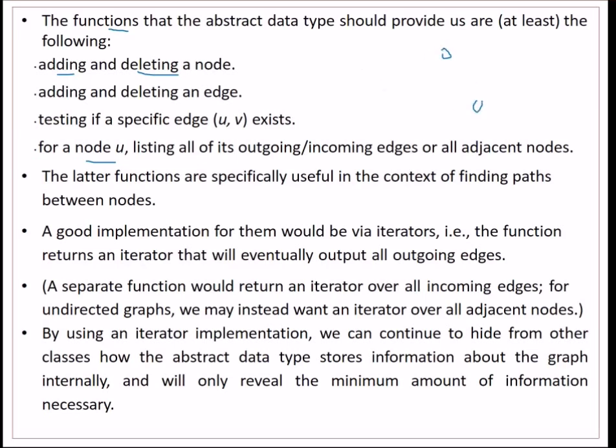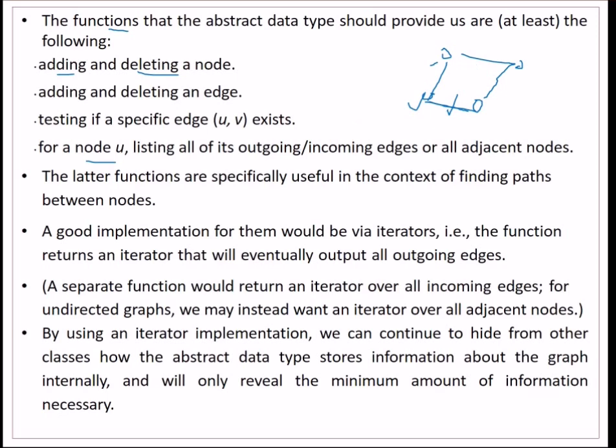Means if these are nodes and these are various edges, then the information about these nodes and edges, and how to delete, add, test whether a specific edge exists or not, and so on.